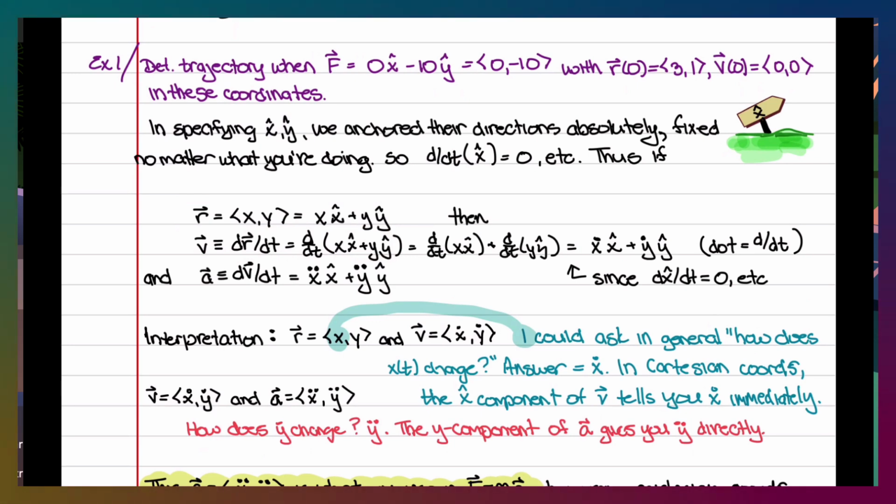By linearity, the derivative distributes, and then by the product rule, this derivative is applied to x times x hat, and then x times the derivative of x hat. But since we just said that the time derivatives of the unit vectors are 0, the product rule becomes simply x dot x hat plus y dot y hat, where again I'm using the dot notation to specify a time derivative. The number of dots is the number of derivatives.